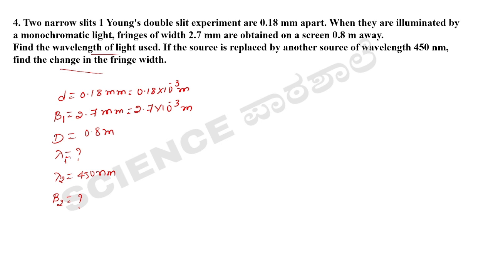You have to calculate lambda 1 for these values. We know the fringe width formula, beta 1 is equal to lambda capital D by small d. I want lambda 1, so this becomes beta 1 d by capital D. Beta 1 is 2.7 into 10 raised to minus 3, into small d 0.18 into 10 raised to minus 3, divided by capital D 0.8.